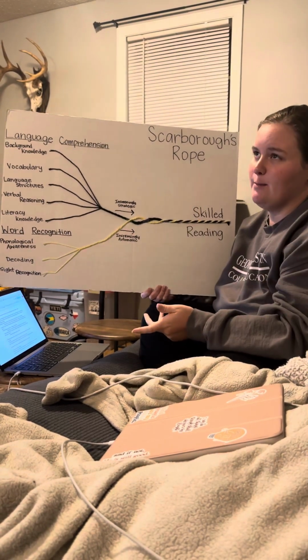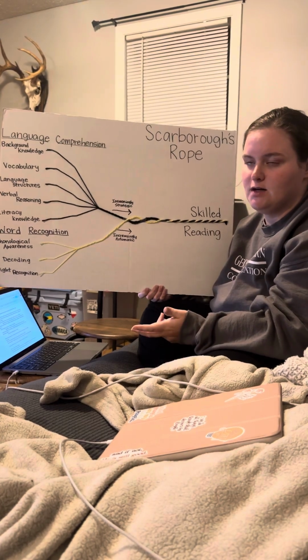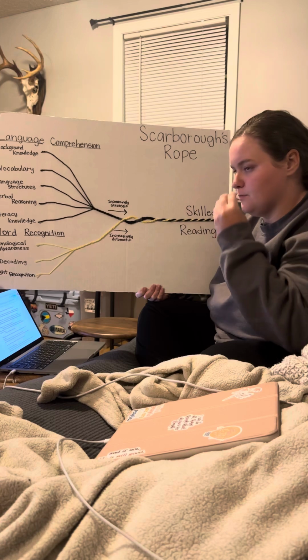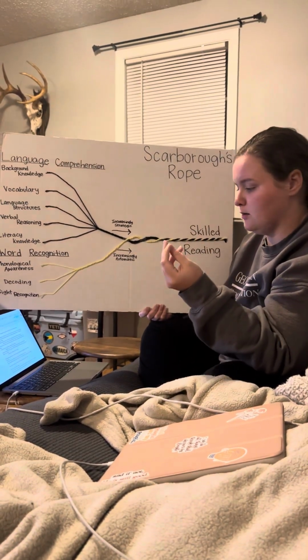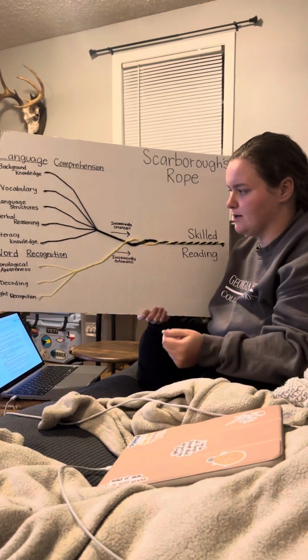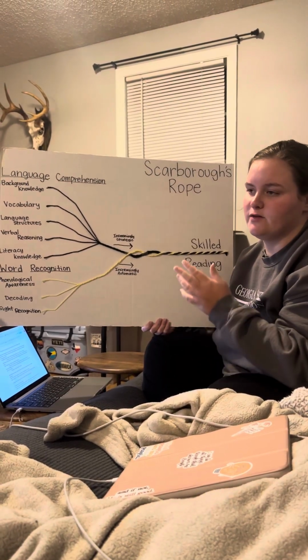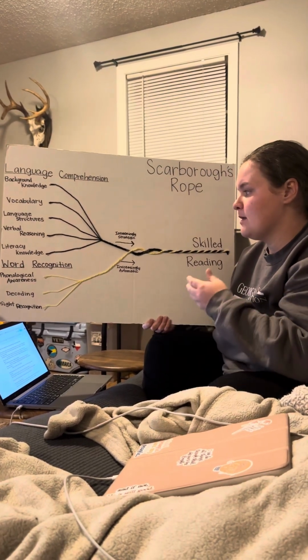So basically what that means is automaticity is just being able to say a word or look at a word, just like we're talking about sight recognition. You're able to automatically do it. You don't have to stop and spend a long time thinking about it.